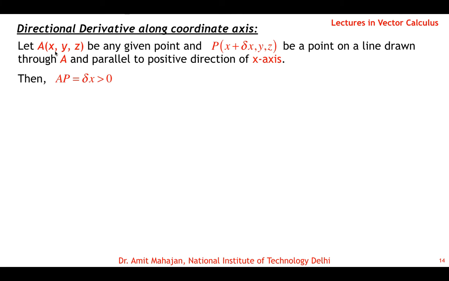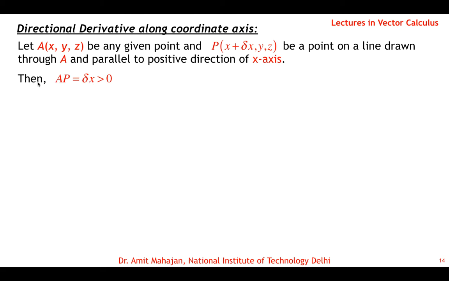So let A be a point (x, y, z), any given point, and P is a point on the line which is parallel to the x-axis. So P is (x plus delta x, y, z), a point on a line drawn through A and parallel to the positive direction of the x-axis. If you generate a space xyz and take any point A, then P is in the direction which is parallel to the direction of the x-axis.